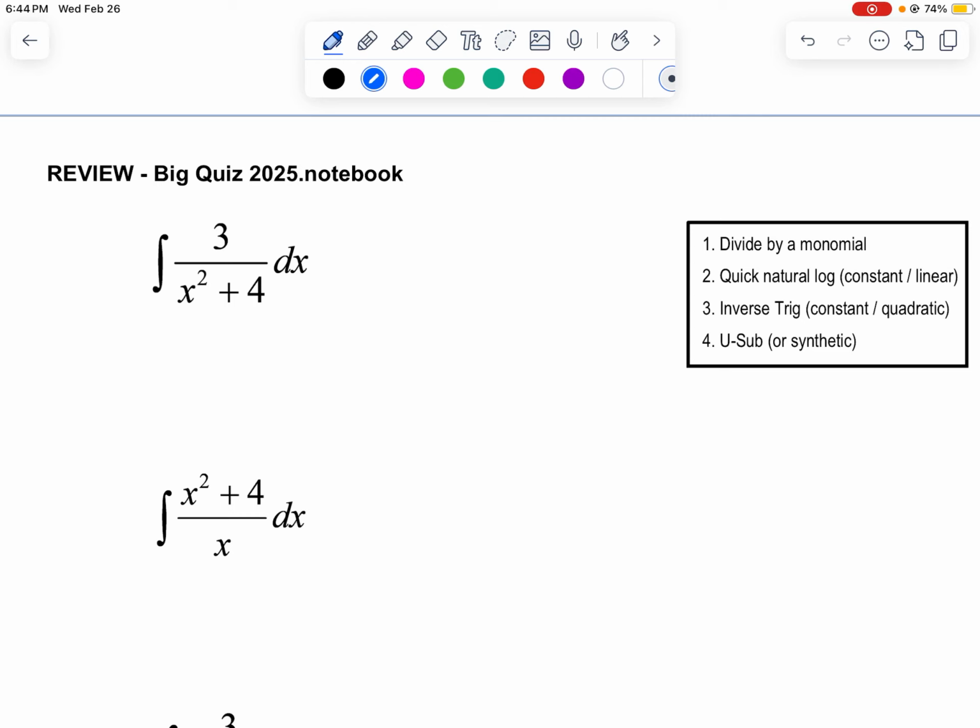And so we look to see if it's inverse trig, which is a constant over a quadratic, which it is. And so we know that this 4 is what makes our a squared, so a is 2. And so our integral is 3, our constant, over a, which is 2, arctangent x over 2, plus c. So that's how you recognize that as the arctangent or inverse tangent.